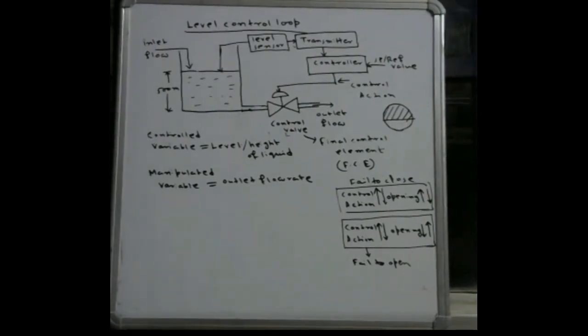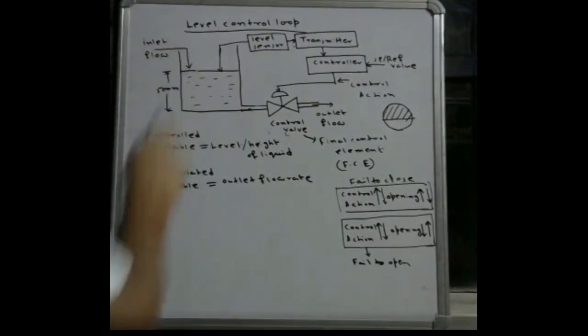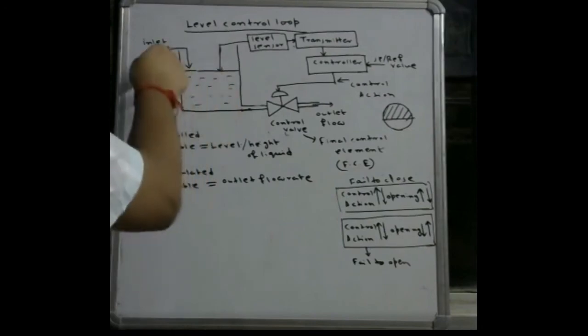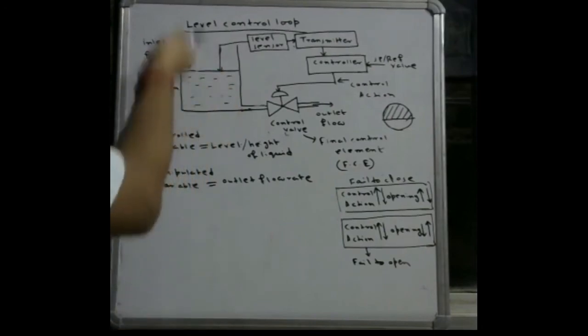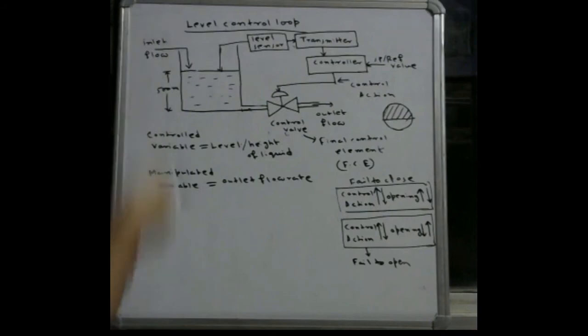So in this case, you can see the inlet flow rate is our load variable or disturbance. Always mind it, load variable or disturbance cannot be controlled. It is not in our hand. We cannot control this type of variables. This inlet flow rate is causing the disturbance to the process. Due to this variable, actually the height of the liquid is going up and down.